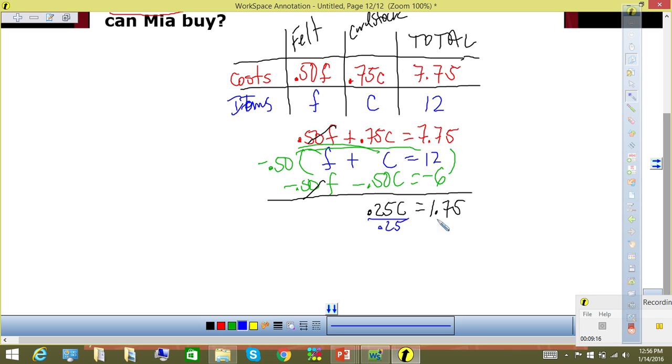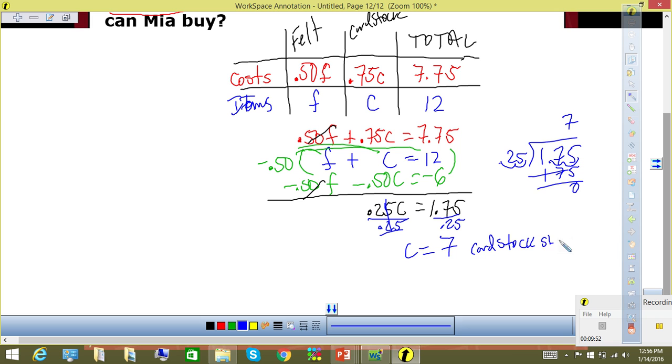Divide by 0.25, divide by 0.25. C equals 1.75 divided by 0.25. Move it over twice. It fits in there 7. 7 what, guys? Cardstock sheets.